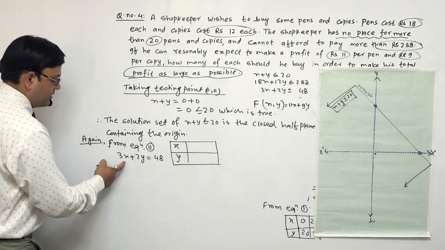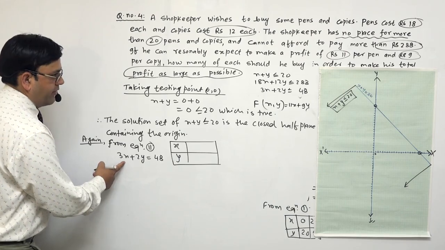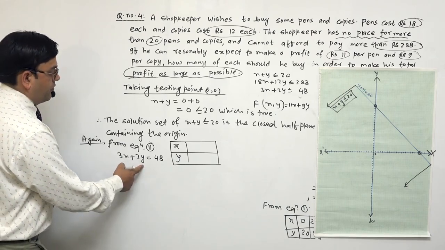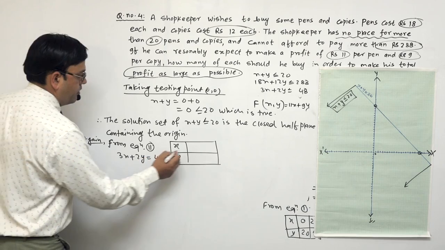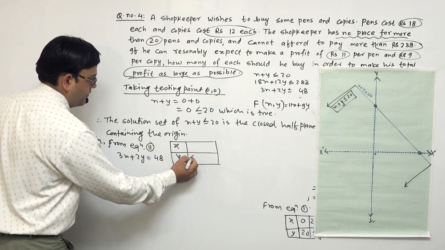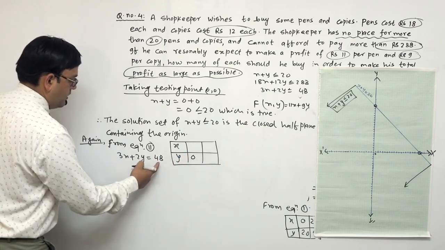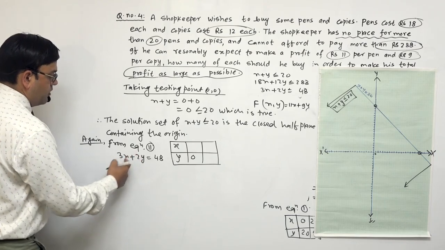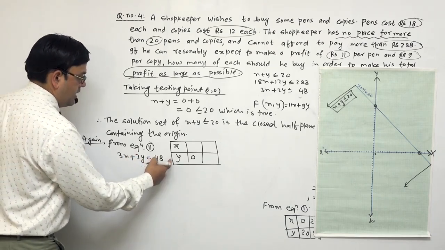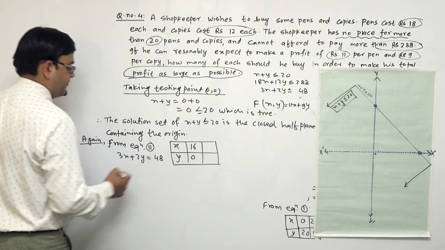If we put x is equal to 0, then y is equal to 24. If we put y is equal to 0, then 2 times 0 is 0, 3x is equal to 48, and x is equal to 16.